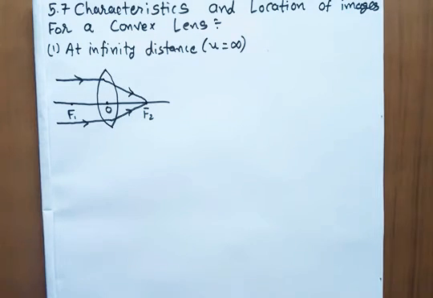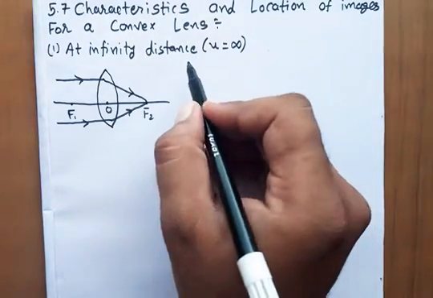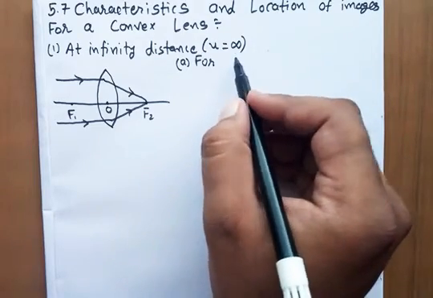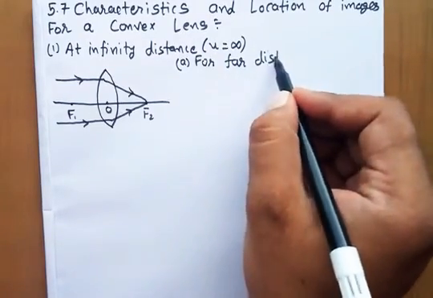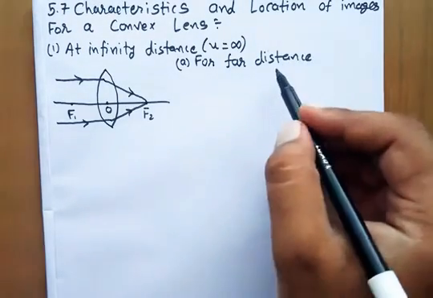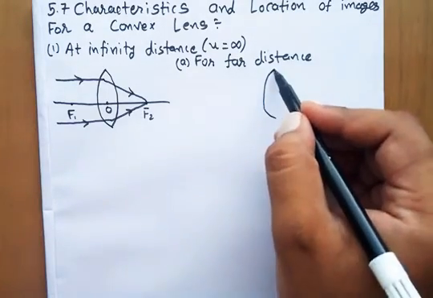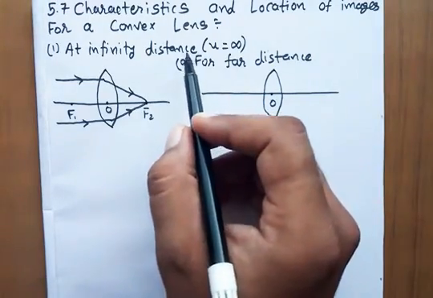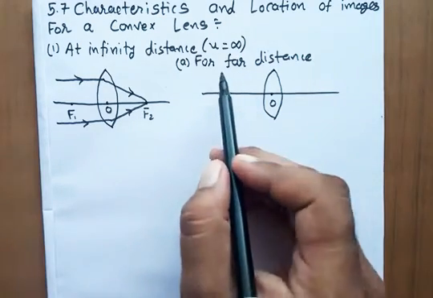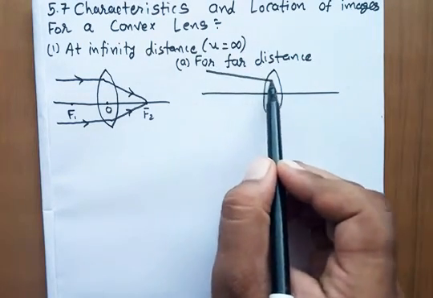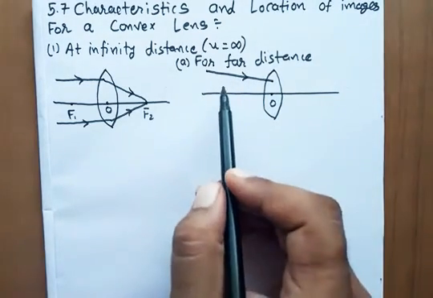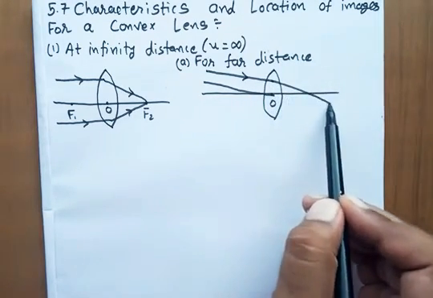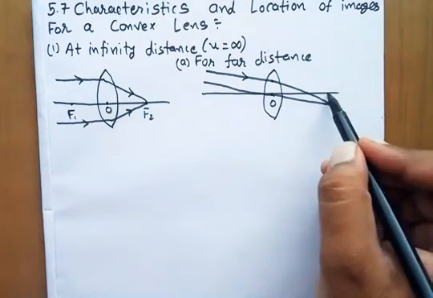Now, taking a sub-point, if we put the object at a far distance, what happens? Again I draw a convex lens with one principal axis and O. If the object is kept above the principal axis at a far distance, one light ray comes like this and another light ray passes through O. They intersect at the F2 point.